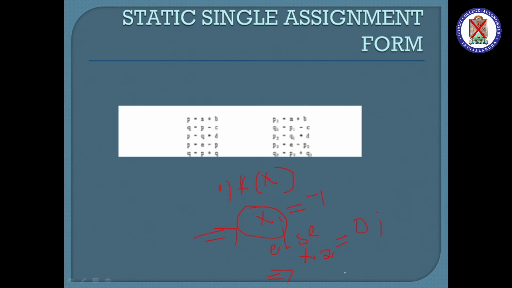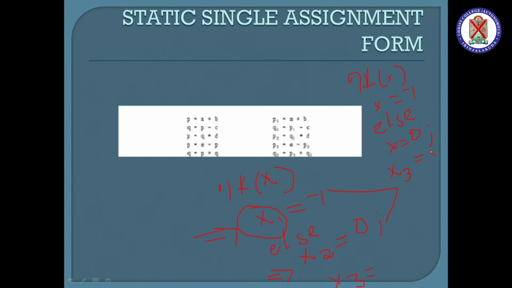But the problem here is when I want to assign a variable, x3, with the value of these two. For example, in the earlier code, if x is true, x equal to minus 1, else x equal to 0, and I assign x3 is equal to x.